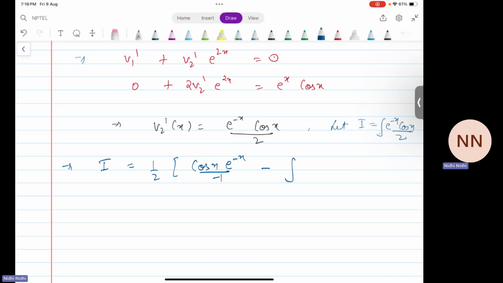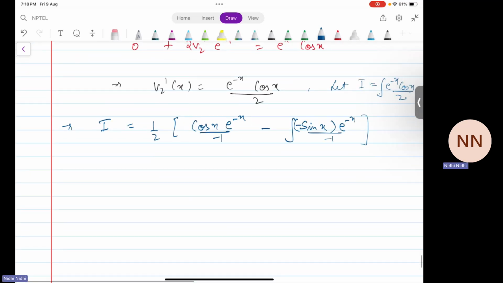Now the derivative of cos x is minus sin x, e to the power minus x by minus 1. This gives us minus cos x e to the power minus x by 2 minus integration 1 by 2 sin x e to the power minus x dx.